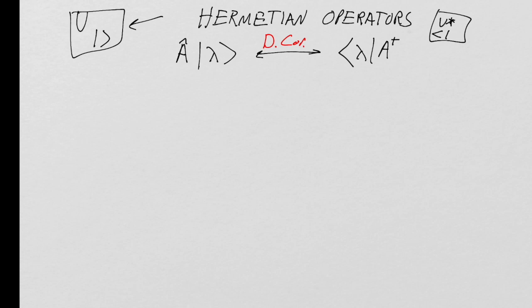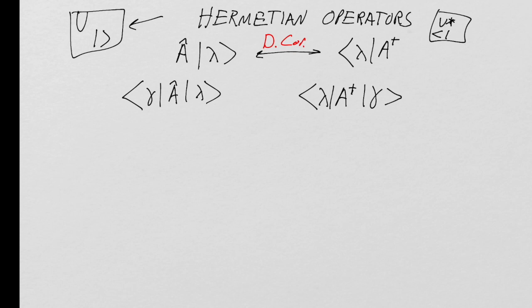So now, with this dual correspondence, we can do a quick analysis. I can, for example, take this Ket and find its inner product with the state gamma. I'm now reverting to the quantum mechanical language: the inner product of this Ket, the transformed lambda, with the bra gamma.